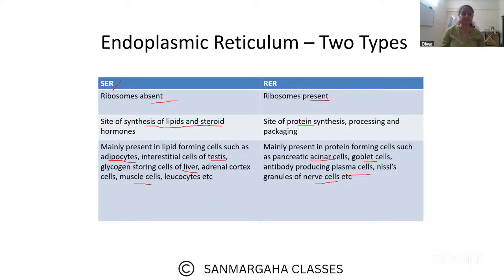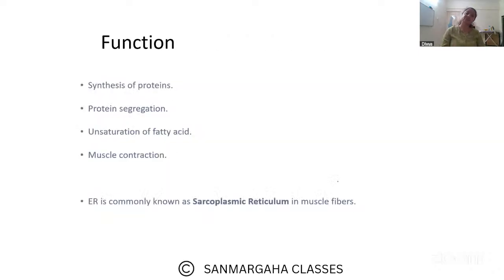Okay, so what is the function of endoplasmic reticulum? It is mainly synthesis of proteins when it comes to rough endoplasmic reticulum; segregation of proteins, packaging of proteins, transporting of proteins, all those things take place.